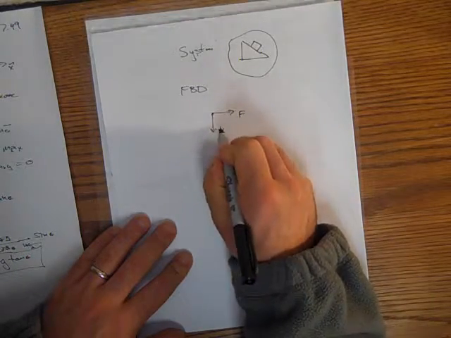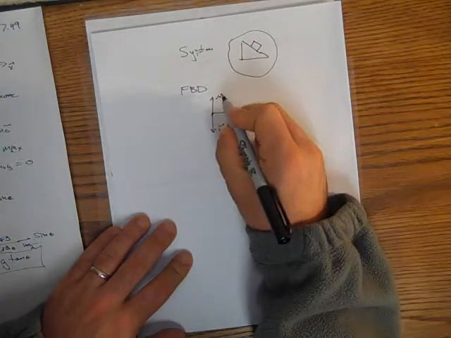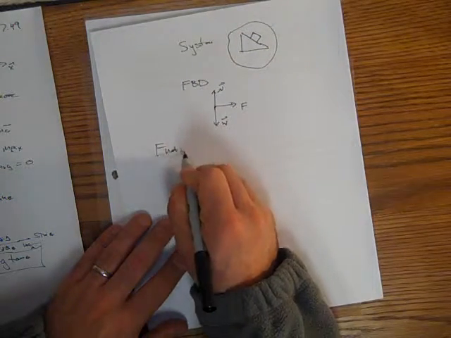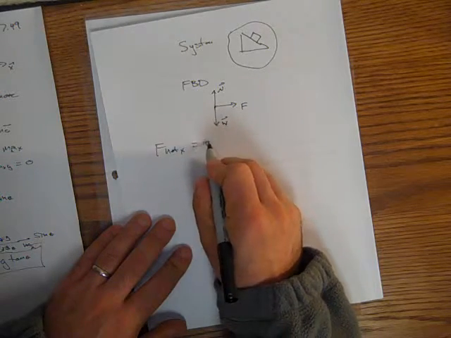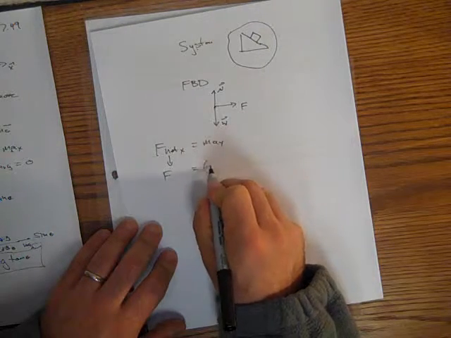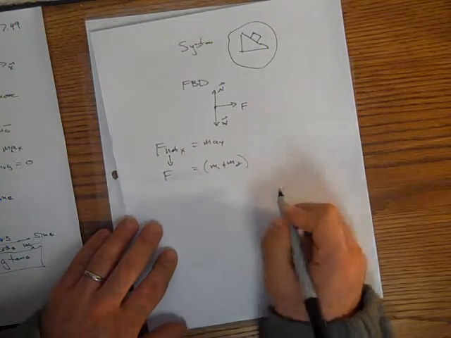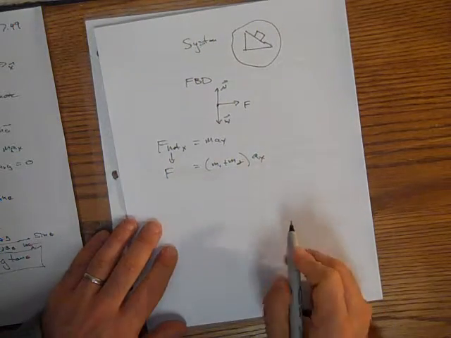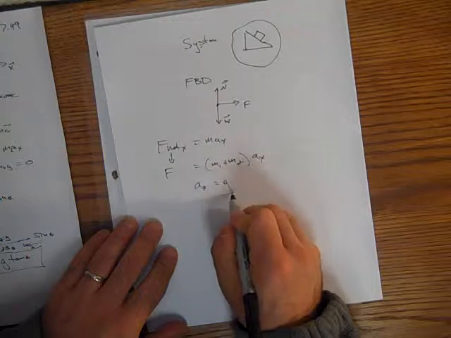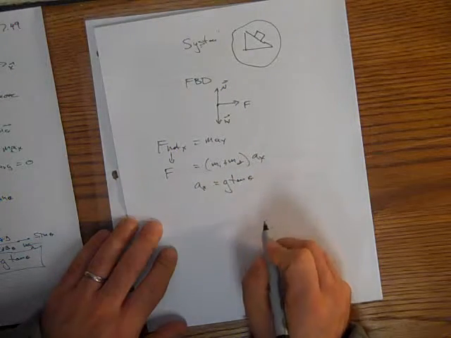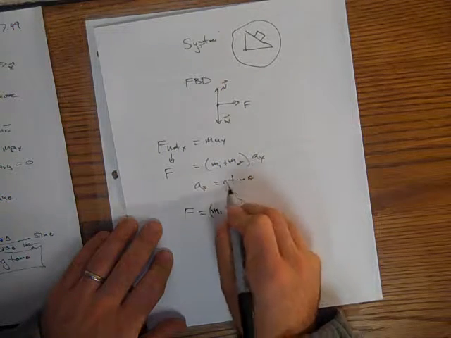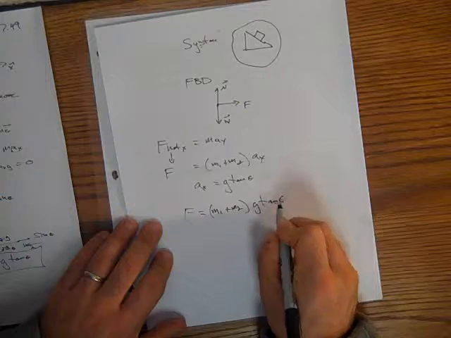I get some weight force acting downwards, some total normal force from the surface acting upward. But F net in the x direction equals max, and there's only one force acting, and that's F. That's the total mass, m1 plus m2, times the acceleration in the x direction, which is the same acceleration I found before. Ax must be g tangent of theta, which means our applied force has to be m1 plus m2 times g tangent of theta.